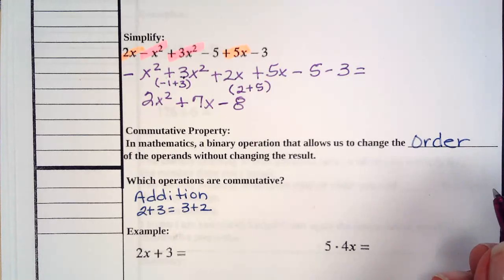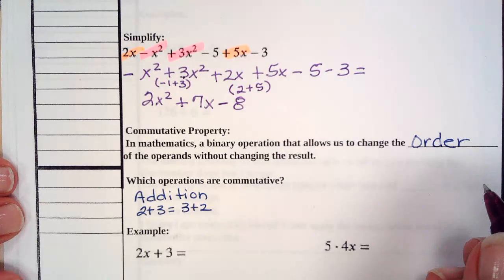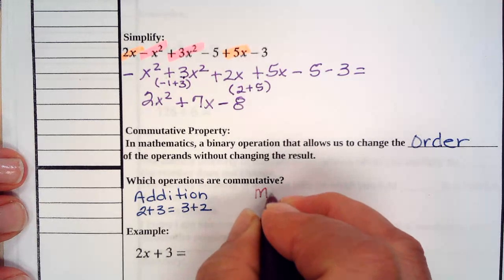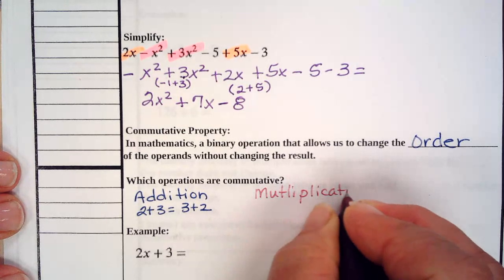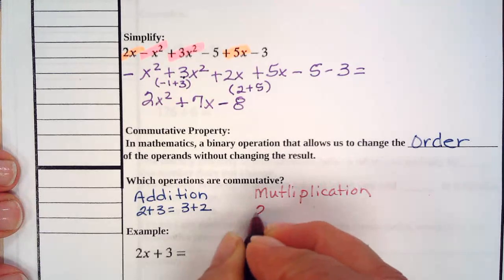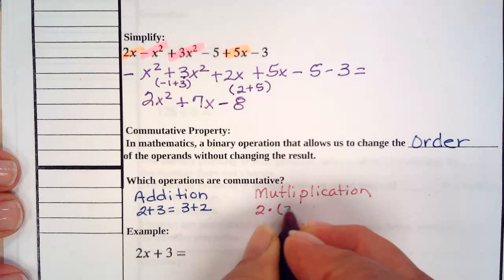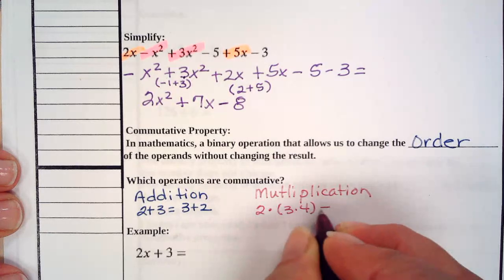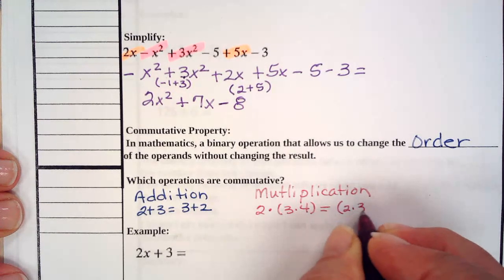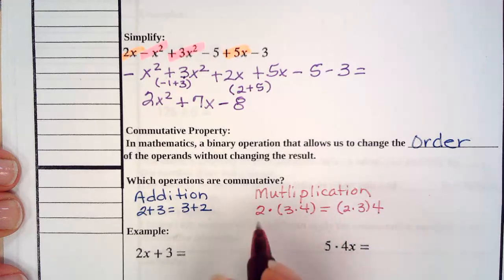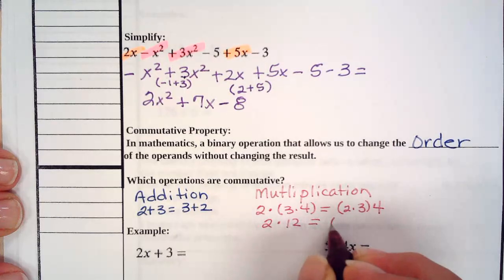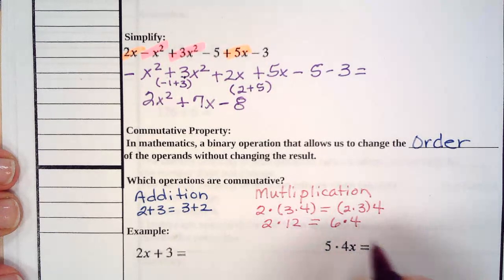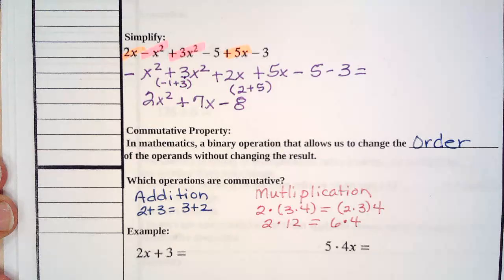Subtraction is not. What about multiplication? Is 2 times 3 times 4 the same as 2 times the quantity of 3 times 4? Yeah. So if I'm looking at this, 2 times 3 times 4, is that equal to 2 times 3 times 4? 2 times 12, is that equal to 6 times 4? 24 is equal to 24, and yes it is.